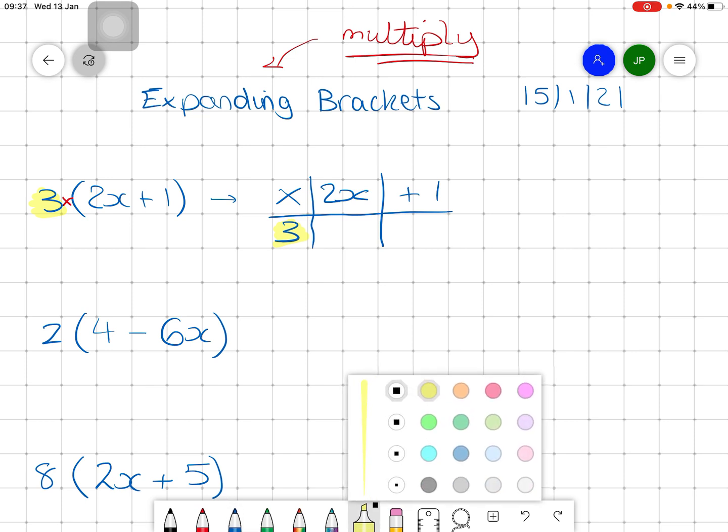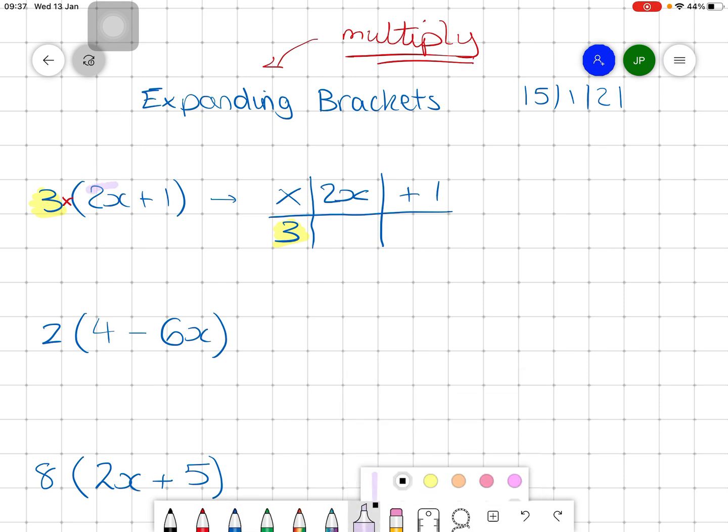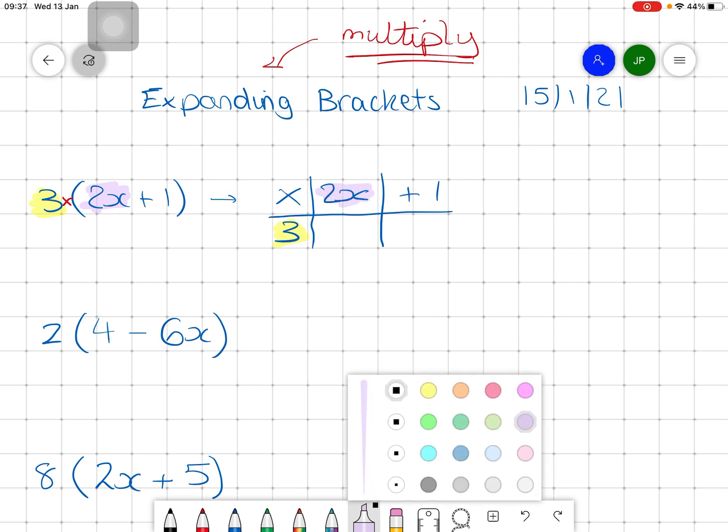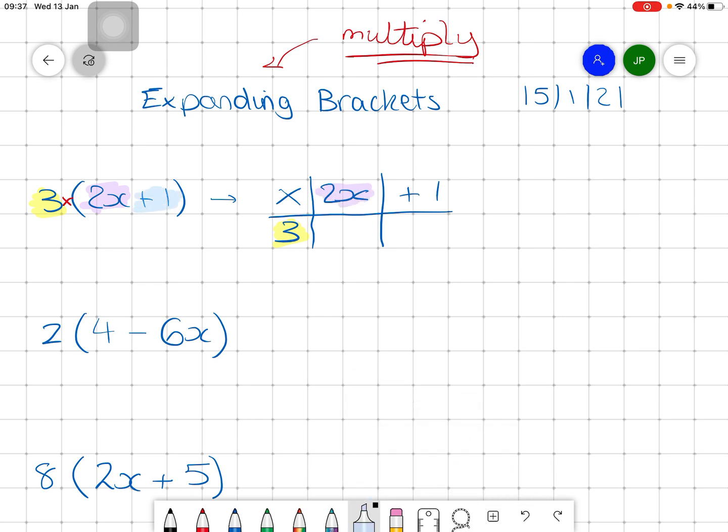So our 2 parts of our bracket, the first part will go into that box there. The second part will go into that box there. Now I've taken the plus with me as well, just for a bit of consistency. It does not mean I add, it just means that one is positive, so it's no longer a plus, it just means it's a positive number.